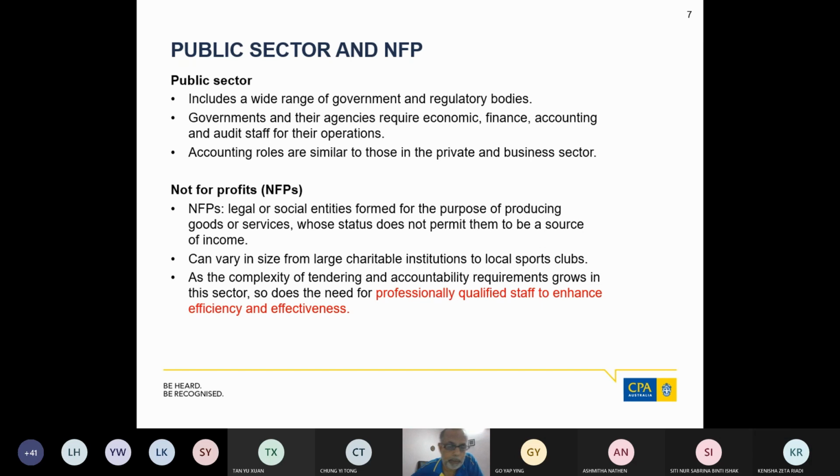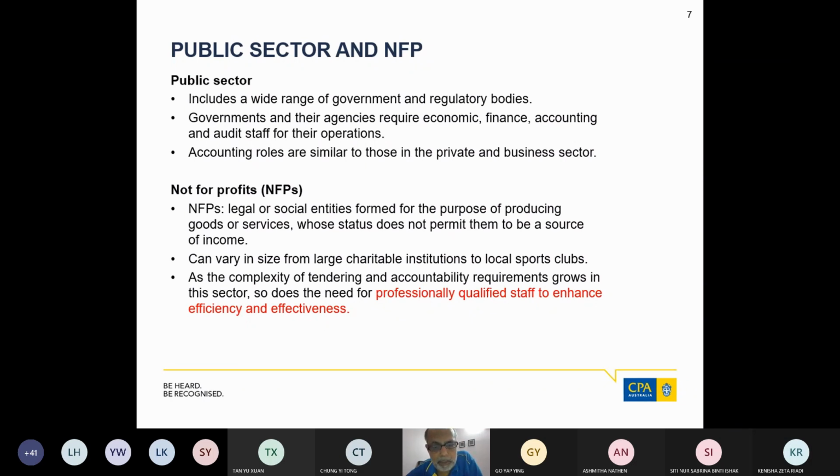Now, if you are a non-profit, then you must register with the Registrar of Societies, or what they call Pendaftar Pertubuhan. It's a non-profit. So whatever it is, you need to register; it's just a matter of where you register. If you are a profit-making company, big or small, you go to the CCM. If not, you go to the Registrar of Societies.